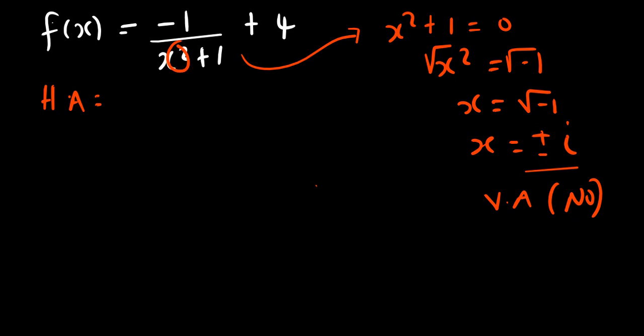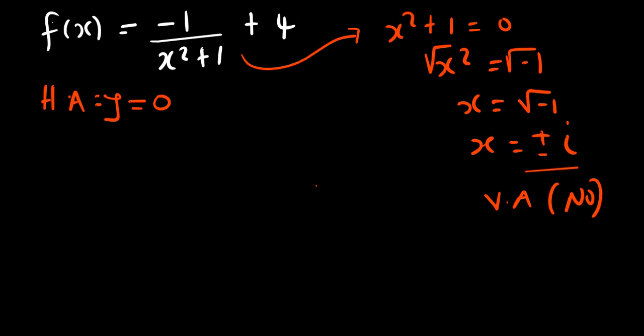Here you have a power of 2, here you have a power of 0. So the denominator has a higher power than the numerator. So it means when that condition is met, your y is equals to 0. But now your y has shifted by 4 units. Okay, so how are you going to draw that?